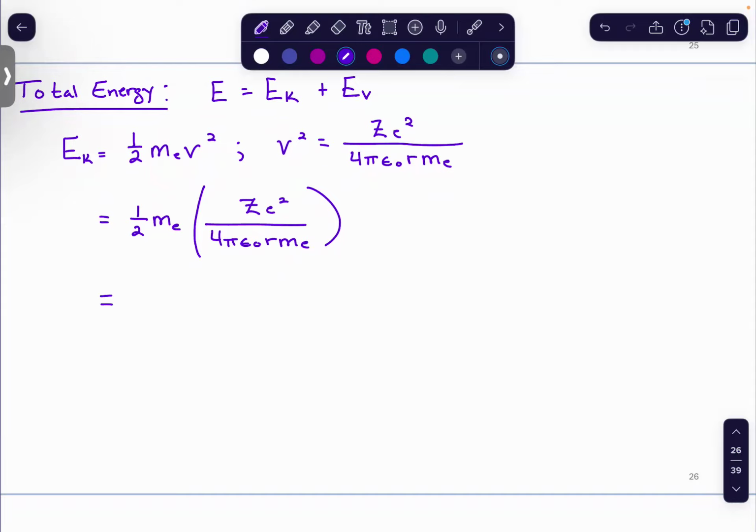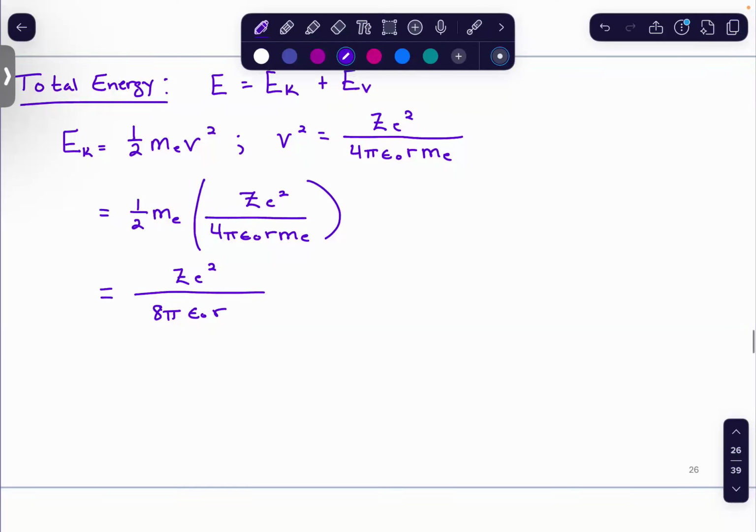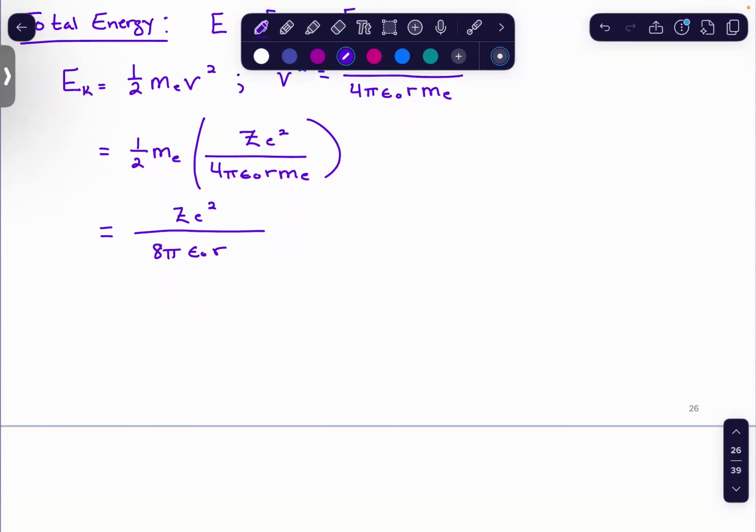Kinetic energy of your electrons is Z e squared over 8 pi epsilon 0 times the radius. And then your potential energy is your Coulomb potential. That's going to be a negative 1 over 4 pi epsilon 0 Z e squared over r.